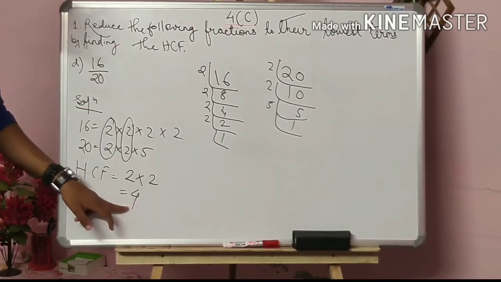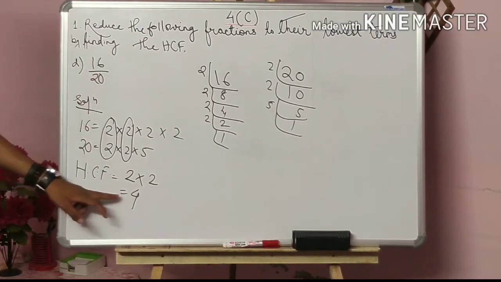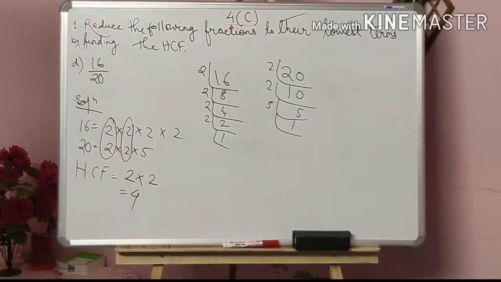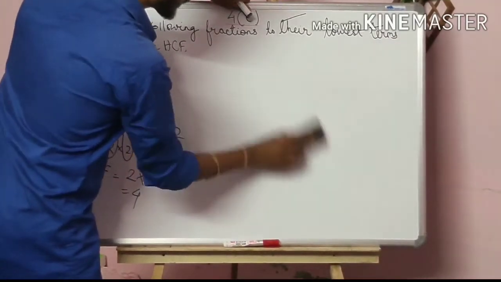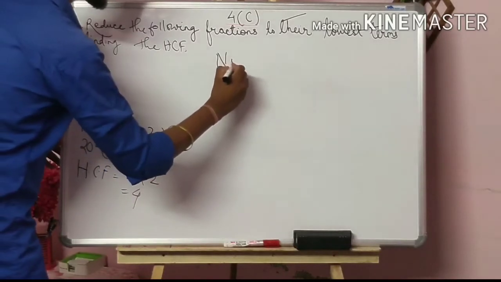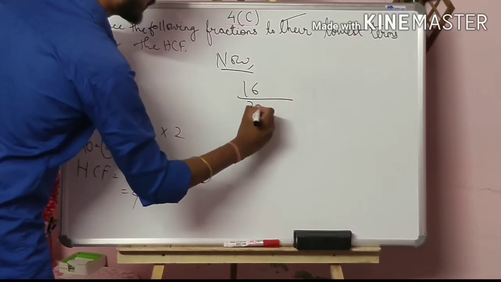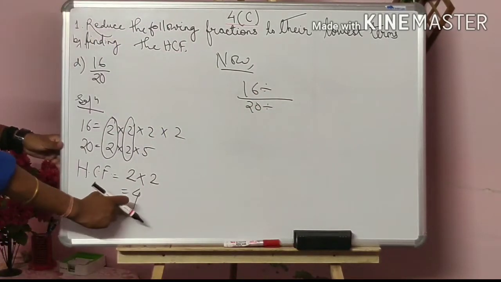Now what are we going to do? We will just divide 16 and 20 with the help of whatever HCF we have got. That means we are going to divide 16 and 20 by 4, isn't it? The question was about 16 and 20. We are dividing with the help of our HCF, which is 4.